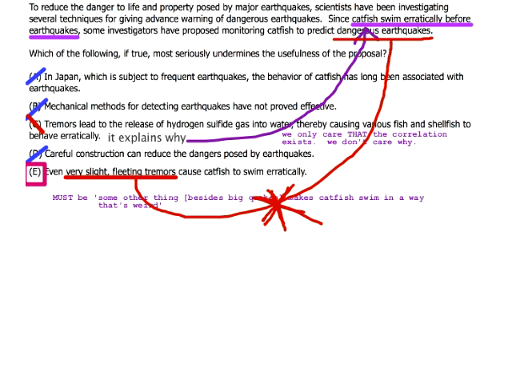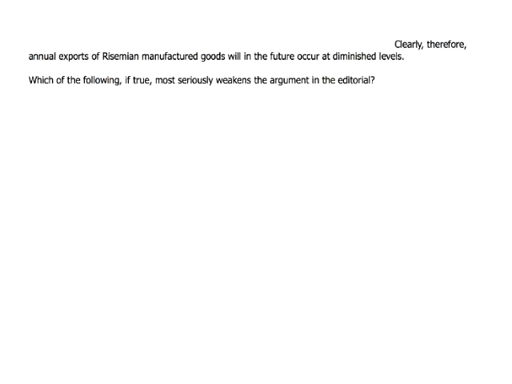Let's try another one. All right, how about this one? This will be the last one where I give you the whited out version of it. The one I give you after this, I'm going to give you the whole thing at once.